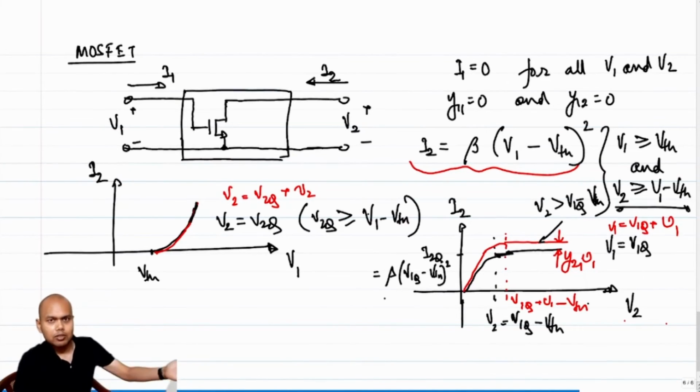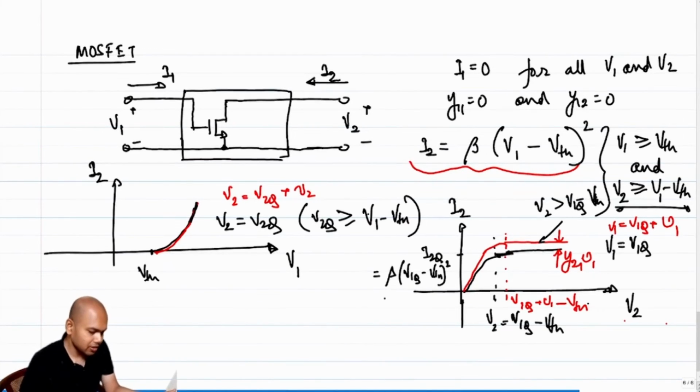Now, as it turns out, all the devices that we talked about are also 3-terminal devices. However, you can make a 2-port network with a 3-terminal device also, right? So all these devices are 3-terminal devices, and they have input-output characteristics which mimic the conditions that we have been discussing till now.